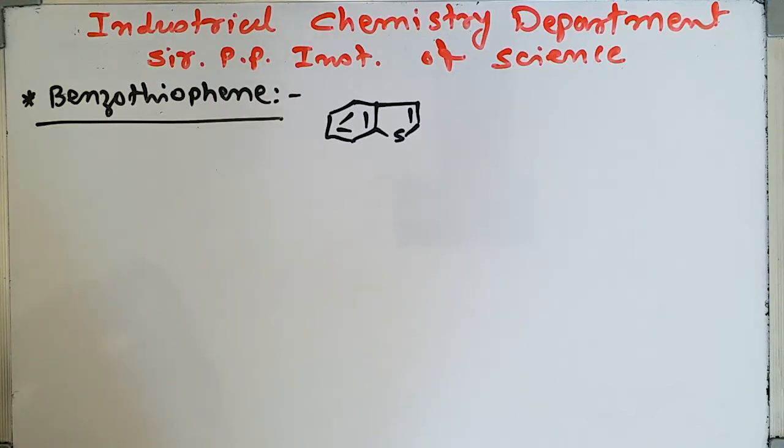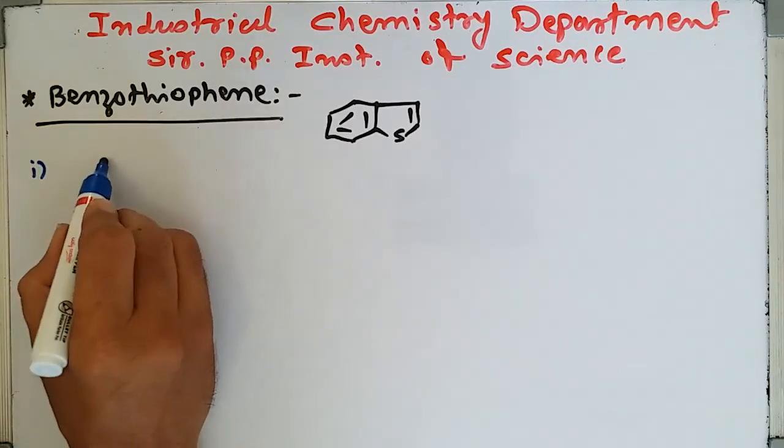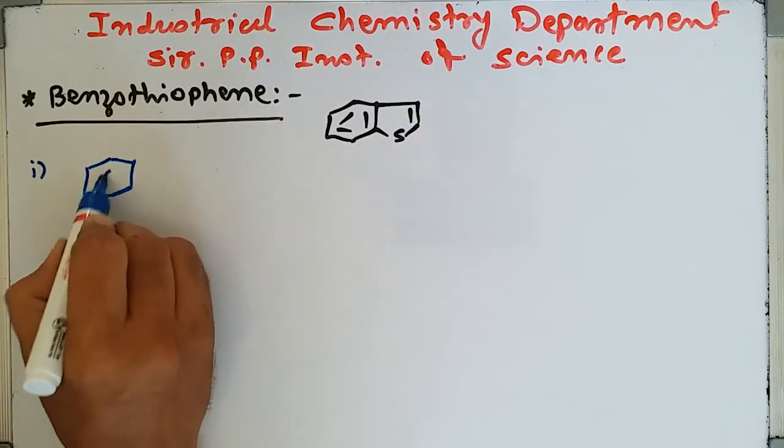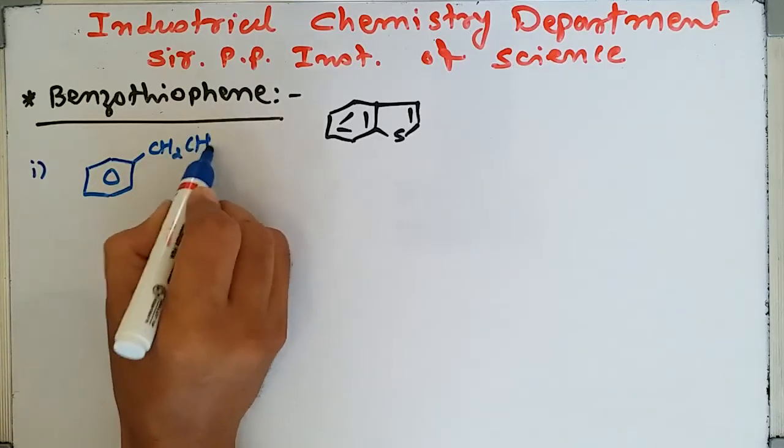We have two synthetic routes for preparation of benzothiophene. Now we see the first route, synthesis of benzothiophene. Benzothiophene is synthesized from ethyl benzene, our first preparation. Ethyl benzene: the benzene ring contains ethyl, CH2CH3.